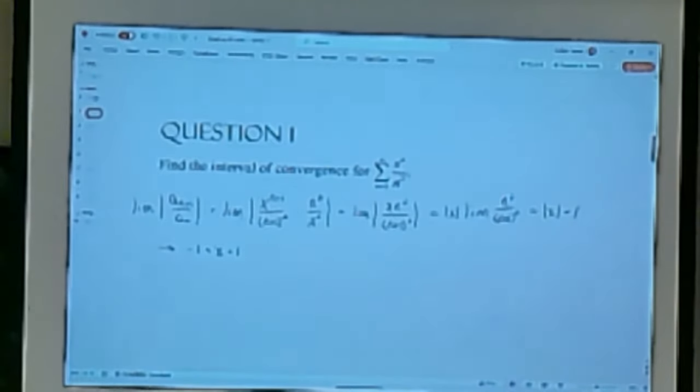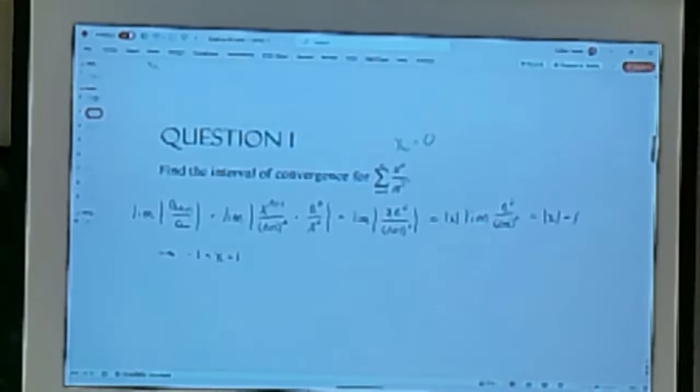What was x naught for here? What was the center for this power series? 0. What's the radius then? 1. The radius of convergence here is 1. That limit was 1. How do we know that x naught was 0?